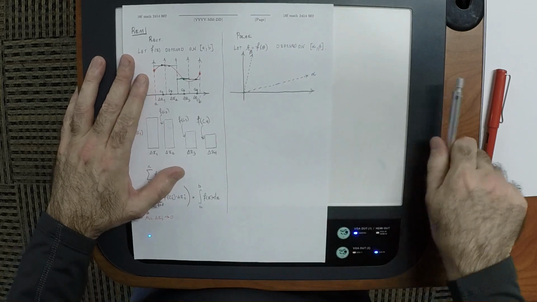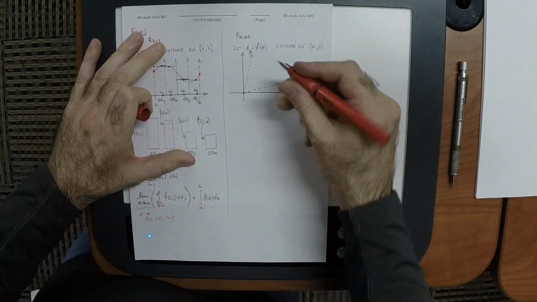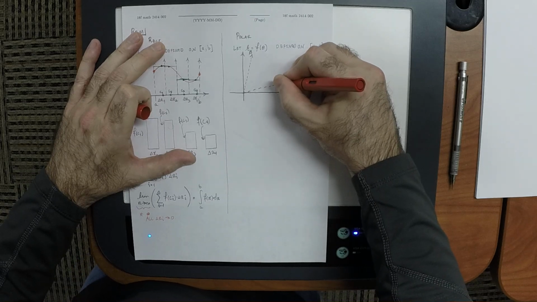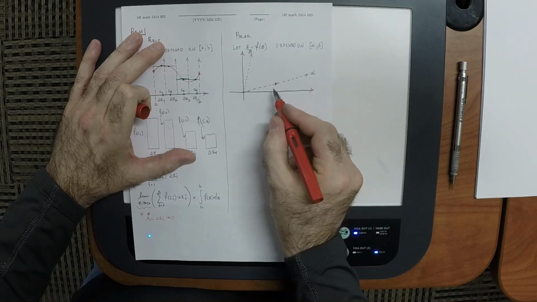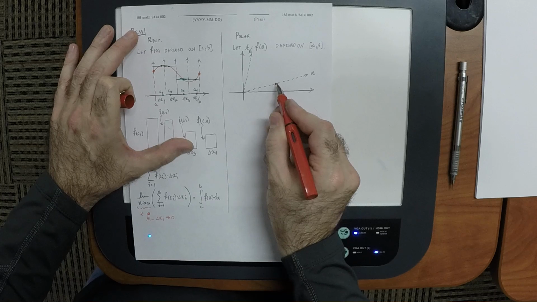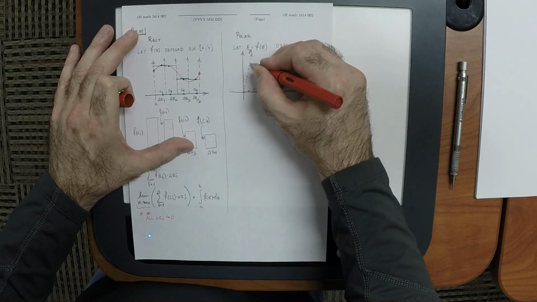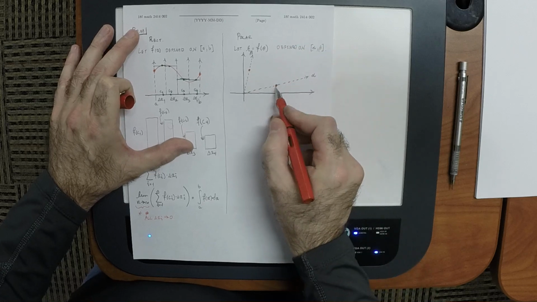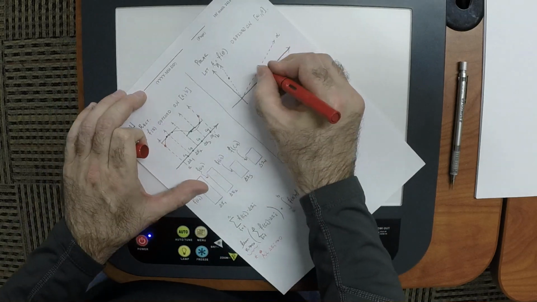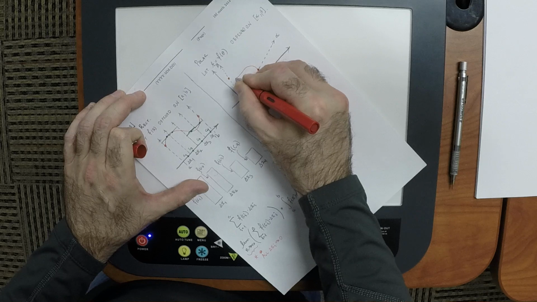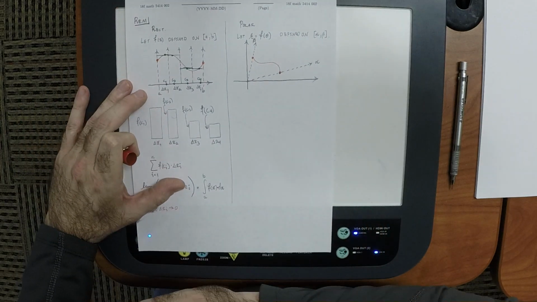So alpha and beta, and so we've got some point here. We've got some point there, and now I need to meander my way over to there somehow. So something like this, blah, blah. So like that.